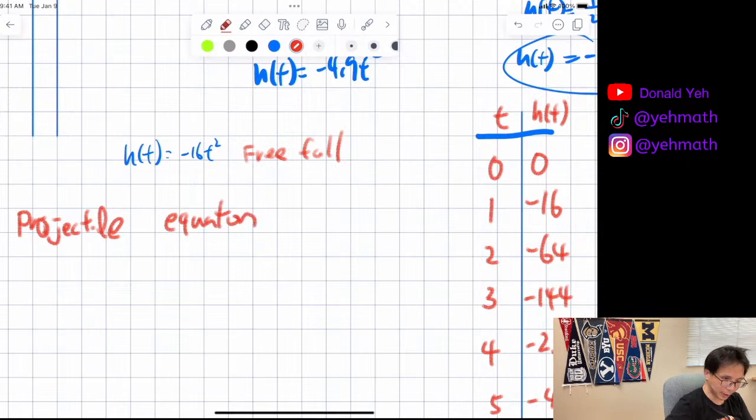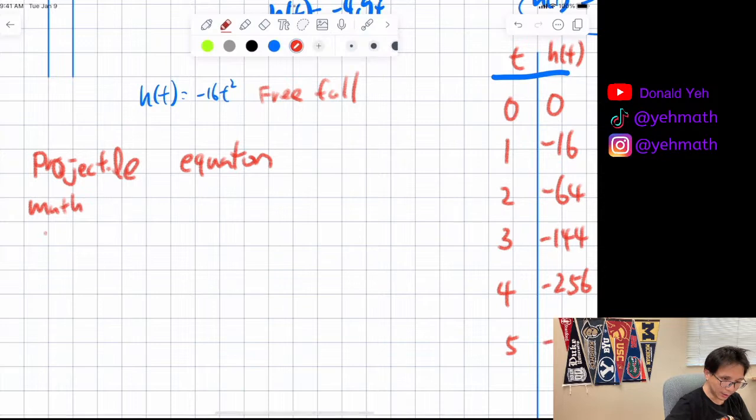And the projectile equation in math, we are going to use h of t, which represents height at any moment. And we're going to use t, but you can write that as x. It doesn't really matter. But t is your x variable, which is the independent variable, and h of t is your dependent variable, which depends on how much time goes by.